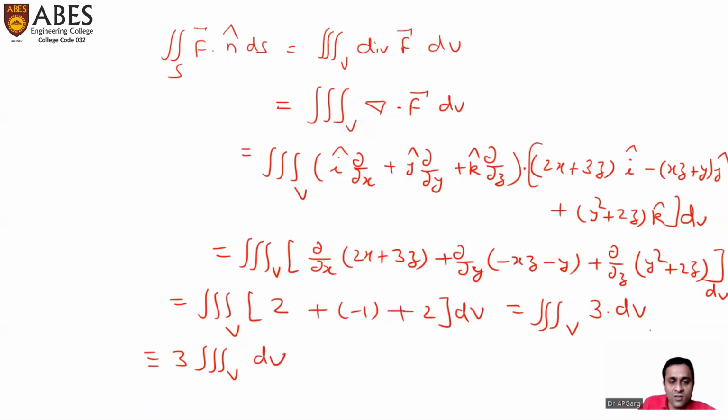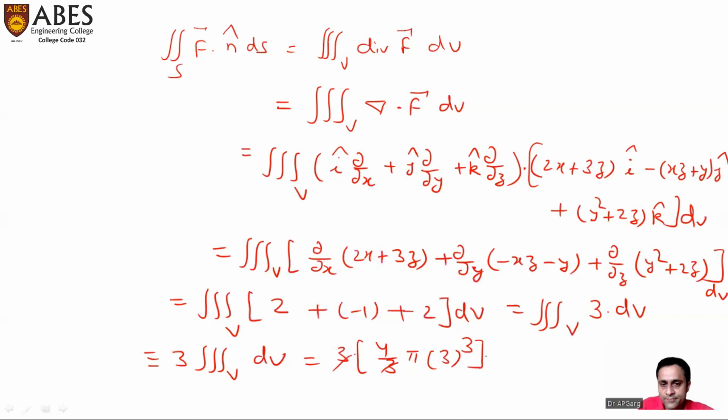So obviously the formula for the volume of a sphere is 4 by 3 pi r cube, where r is the radius, and the radius is given as 3.